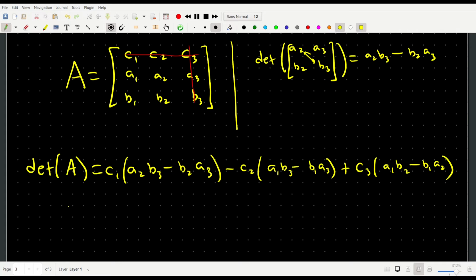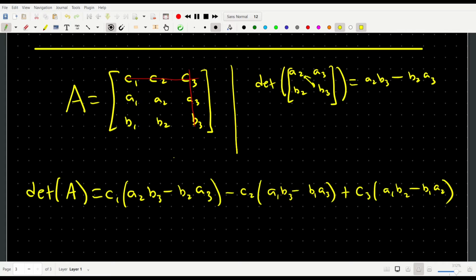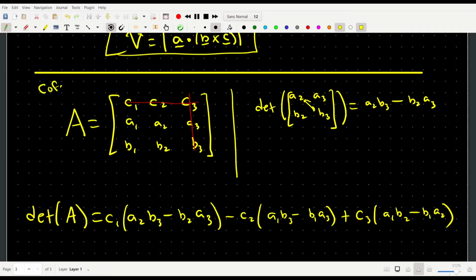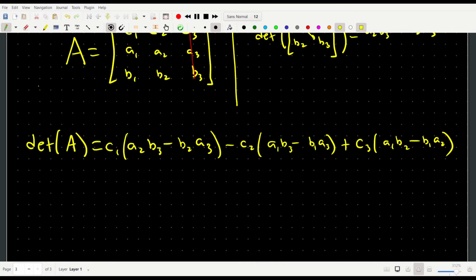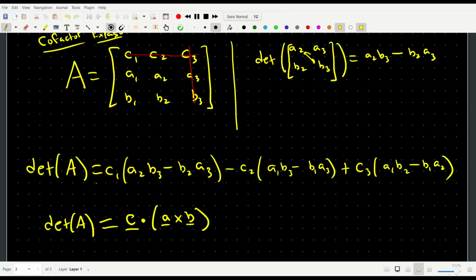So this process that I've shown here is called cofactor expansion, and is useful if you're interested in a deep connection to linear algebra and solving linear systems of equations. I won't be getting into that in this course, but the interesting connection here to geometry is that the determinant of a 3x3 matrix is the same thing as the triple scalar product of the columns of that matrix. So this is a super, super useful idea.